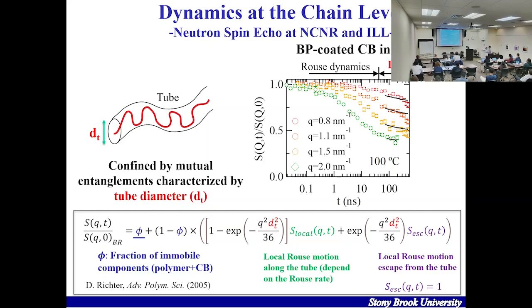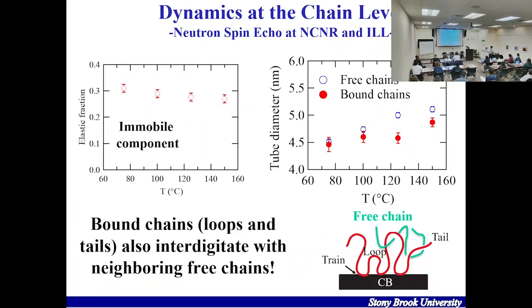Okay, so these are the two parameters based upon the fit. Here, this one is the immobile component as a function of time, and we change the time as well. So there is an immobile component within the bound polymer system. For example, almost 30% of the component is immobile within the time range of the spin echo.